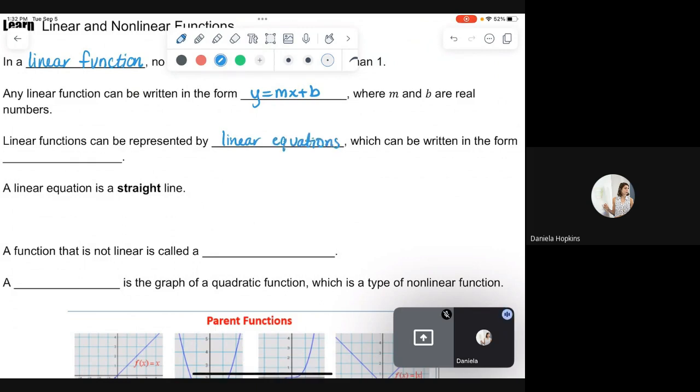They can be written as linear equations in the form ax plus by equals c. If you ever encountered it in Algebra 1, that's called standard form. I think it's a pointless form for linear equations. I don't really care about this little part. But basically, the key part here is that a linear equation is a straight line.